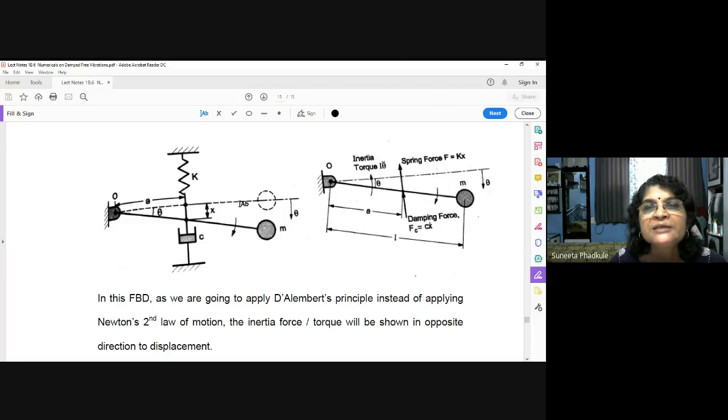So the mass is displaced downward by angle theta. Hence, the spring will also be getting stretched by an amount, say, x. And there is a definite relation between x and theta because this is a distance A. Can you tell me what is the relation between x, theta and A?